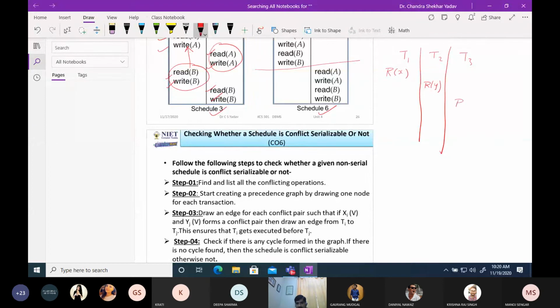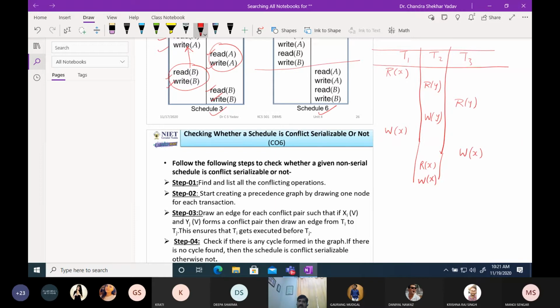After that T3 performs a read operation on data item Y. Then T2 performs a write operation on data item Y. Then T1 performs a write operation on data item X. After that, T3 performs a write operation on data item X, and then T2 performs a read operation on X and a write operation on X. As you all know, this is a non-serial schedule.